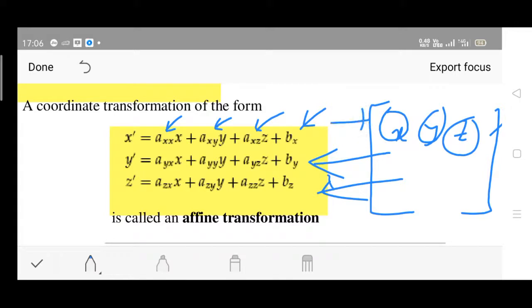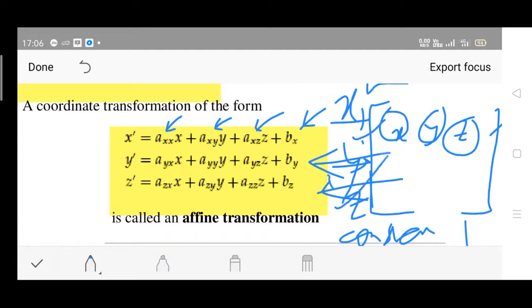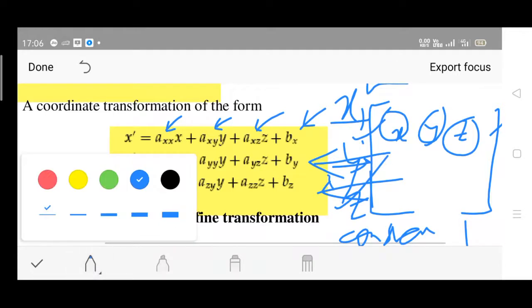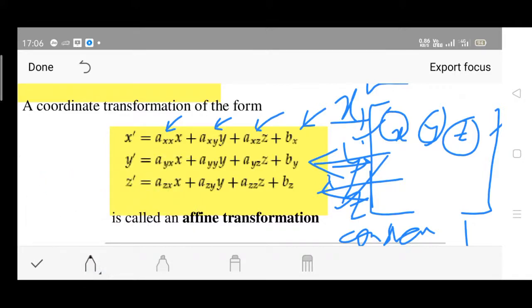And the second row, once again the same. Here the first row represents x dash, the second represents y dash, the third one represents z dash, and the fourth one is the constant value, isn't it? Hope it is visible: x dash, y dash and z dash, right? So how do we write the second equation?